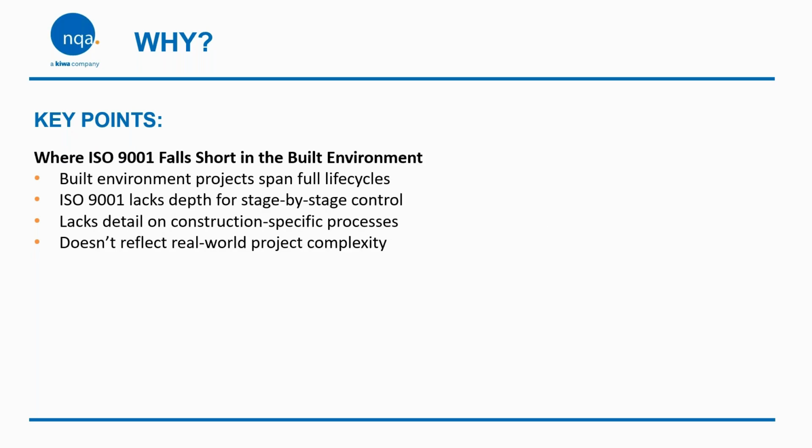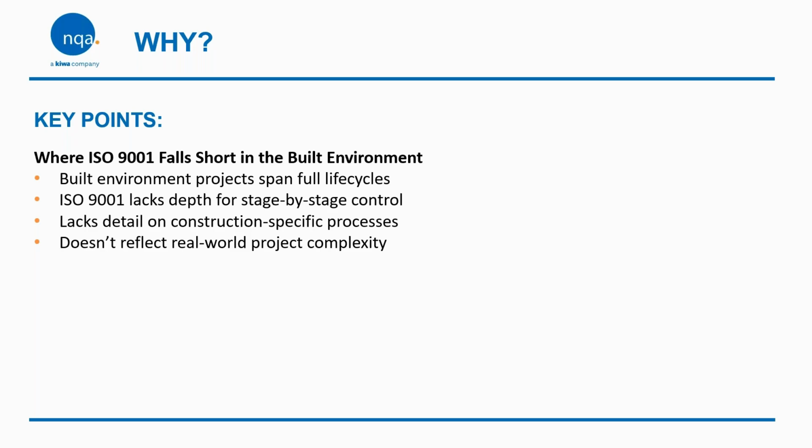Where ISO 9001 falls short in the built environment: we have different phases in construction, from concept to design through procurement, construction, handover, occupation, and even eventually decommissioning. 9001 doesn't explicitly guide you how to manage or assure quality across these project stages. It tells you to plan, monitor, and improve the processes, but it doesn't offer roadmaps for dealing with multi-phase, multi-stakeholder environments.